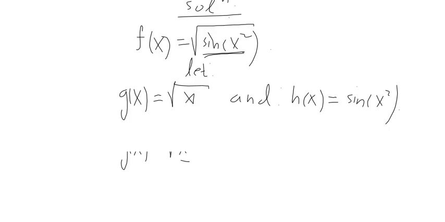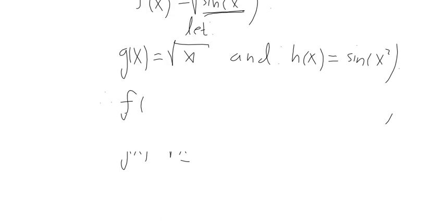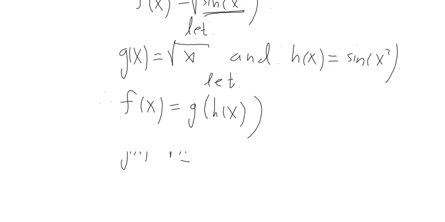So let's define our function here. We have f of x equal to g as a function of h of x. That's what we're dealing with as our composite function.